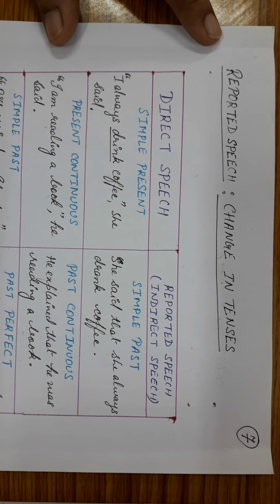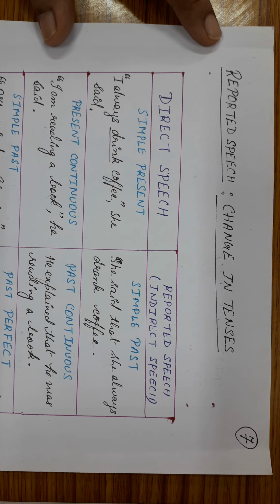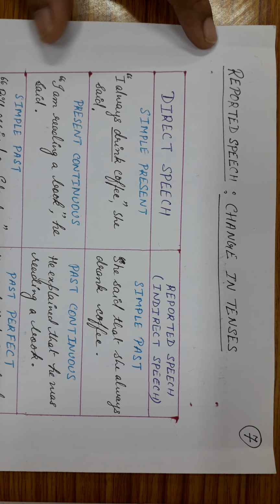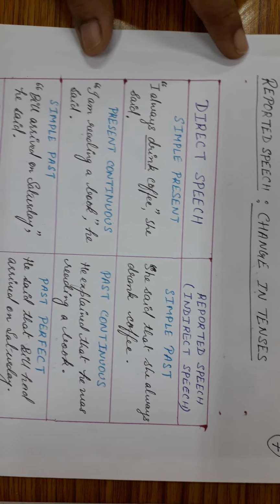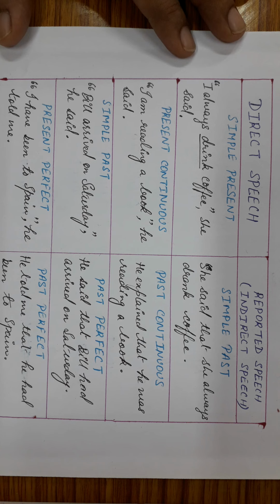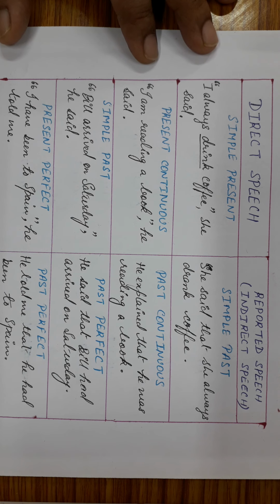Fine. Now, how are the tenses changed from direct speech to indirect speech? There are several rules and regulations involved. Here I have tried to bring the changes in tenses in quite a simple form. As you can see, I have not mentioned any kind of change in sentence structure.